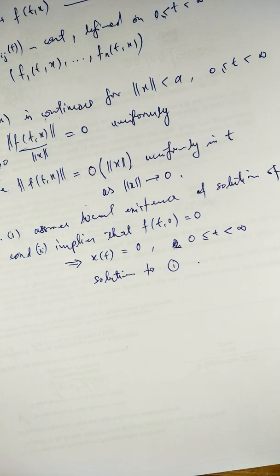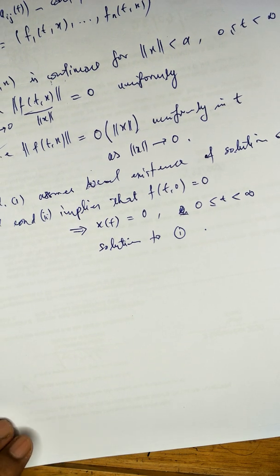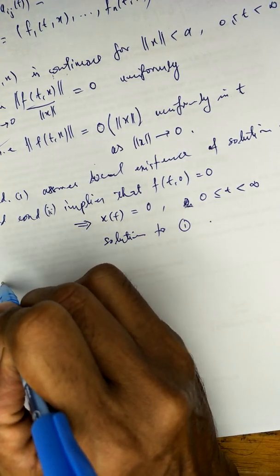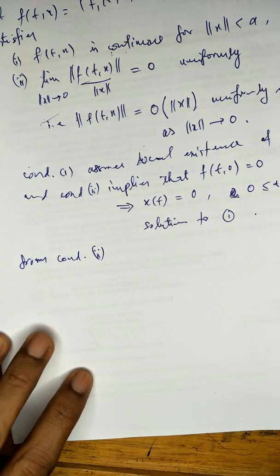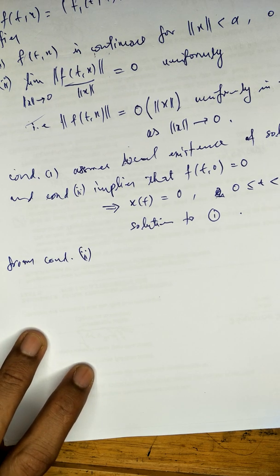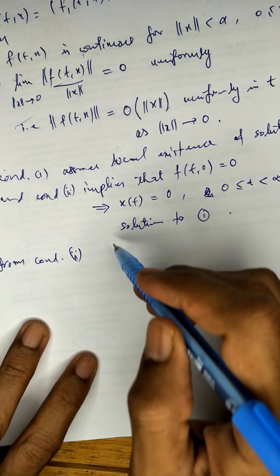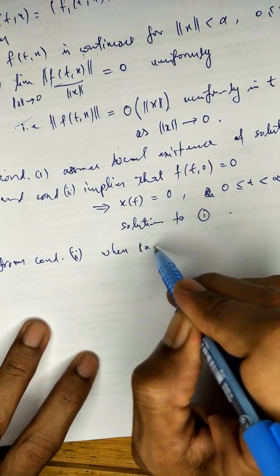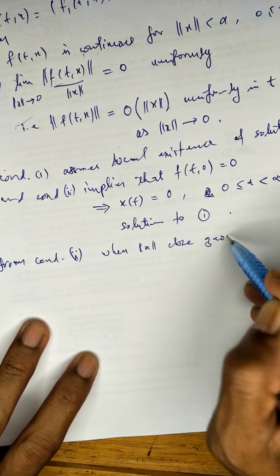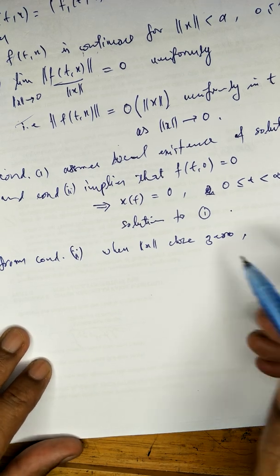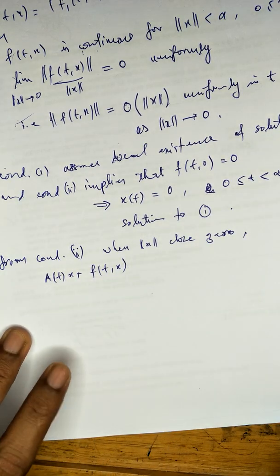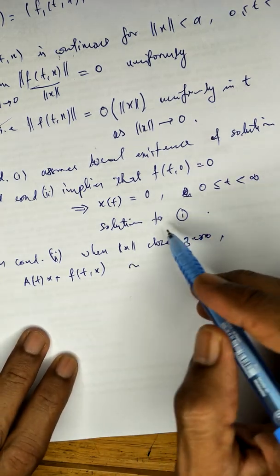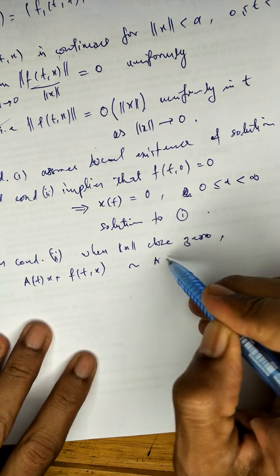Okay, so if you look at condition number 2, from condition 2 we know that when the norm of x is close to 0, the system A(t)x + f(t, x) is nearly like A(t)x.